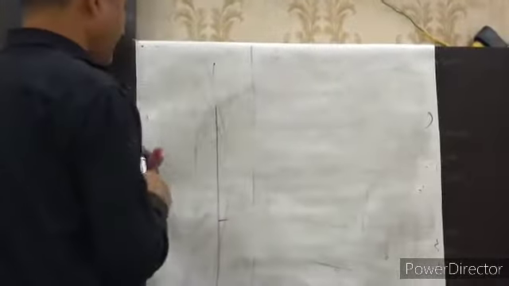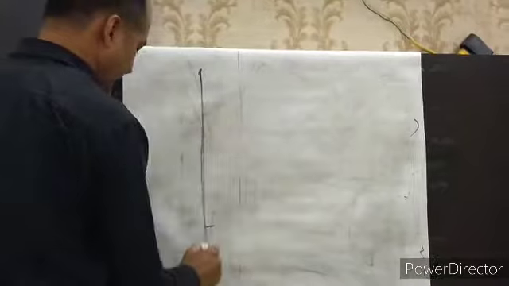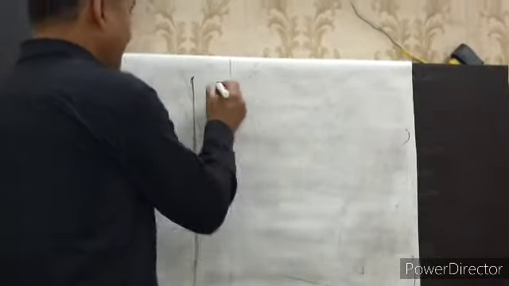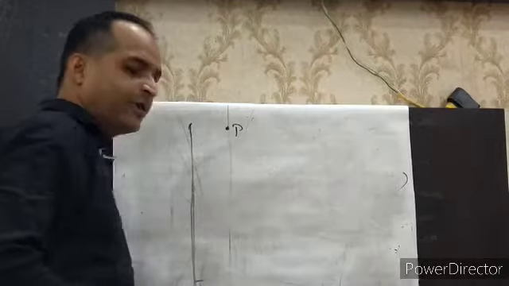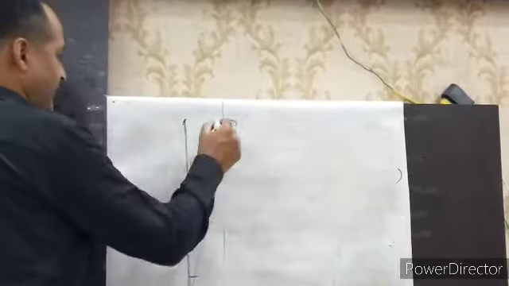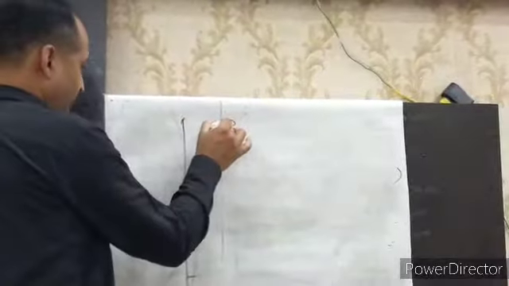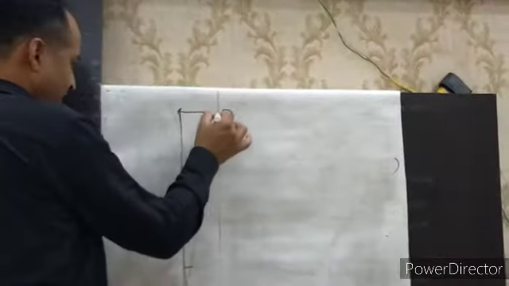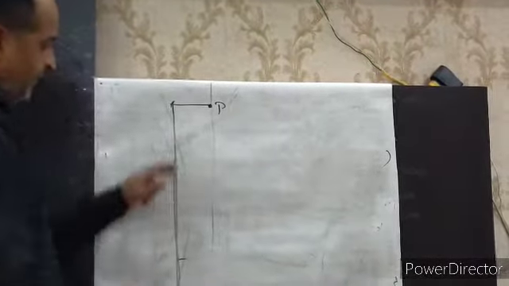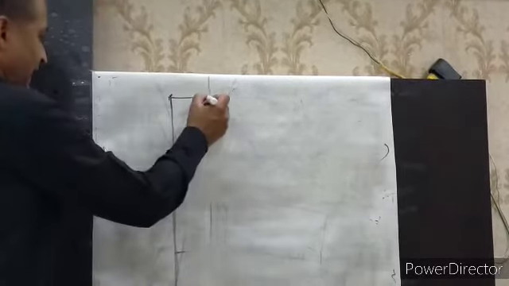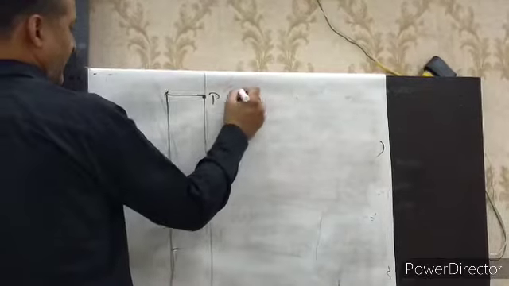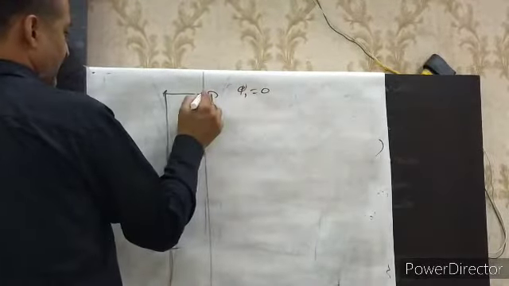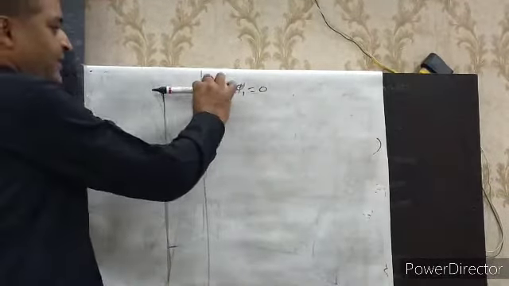Now suppose we are going to find out the magnetic field due to infinite length of the wire near one of the ends. Suppose this is the end. Near one of the ends, if we are going to find out the magnetic field, then we will take two lines, one reaching to one end, second one reaching to the other end, but the other end is at infinity. Then the upper angle is 0 degrees, then phi 1 is equal to 0, because we have to take the angle from the horizontal line.